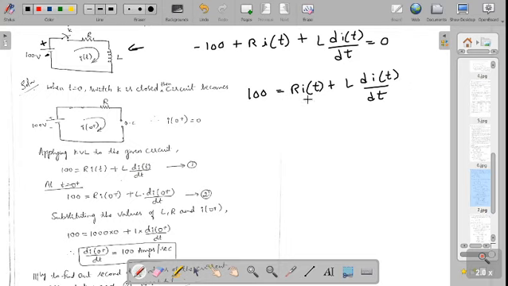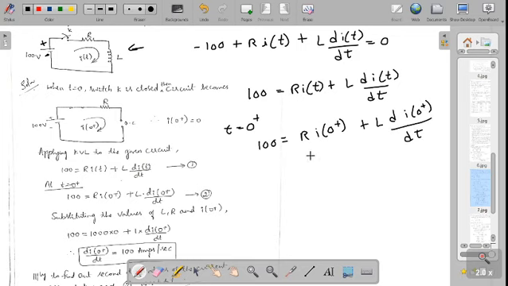Now we need to evaluate this at time t equal to 0 plus. We substitute t by 0 plus. So it turns out to be 100 equals R into I of 0 plus plus L into the derivative of I of 0 plus divided by dt.